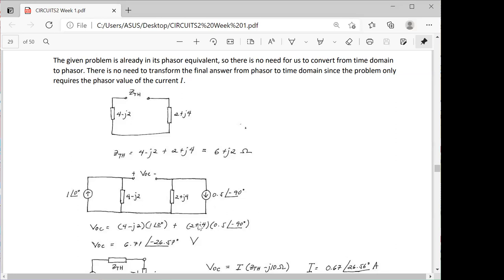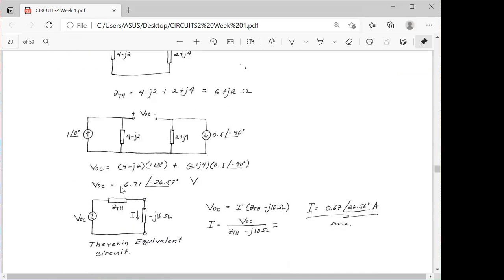So combining now these two voltage drops, we'll have 6.71 angle negative 26.57 degrees volts. So this is now our open circuit voltage. We know that Thevenin's equivalent circuit comprises VOC and ZTH, and these two elements are in series, of course.